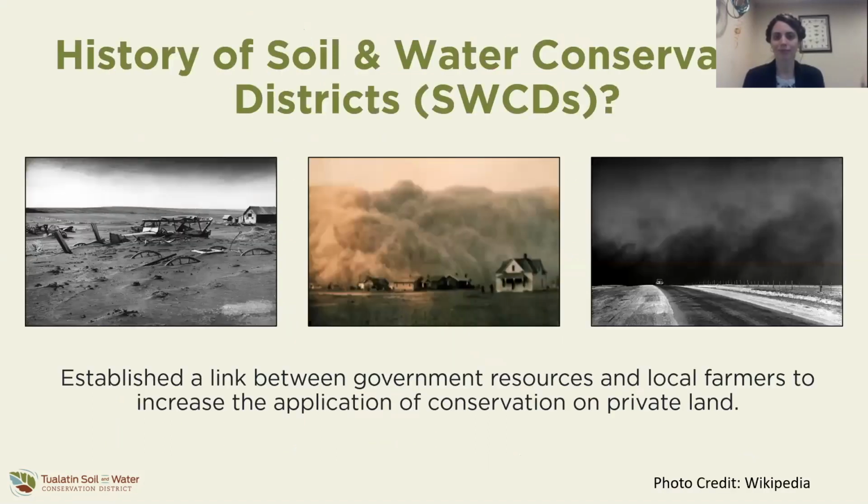Now, a little history of soil and water conservation districts in general. SWCDs were formed following the Dust Bowl in the 1930s. In the years leading up to the 30s, deep plowing was a common farm practice, where farmers plow their soil to great depths.